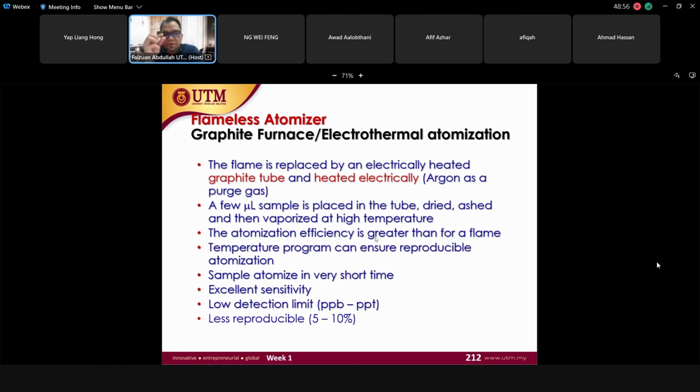So the atomization happens only in the tube. It is more efficient because it is not vaporized outside the system into the air, but happens in the tube. So the measurement also occurs inside the tube, the absorption and so on. This is excellent in sensitivity and low detection limit.